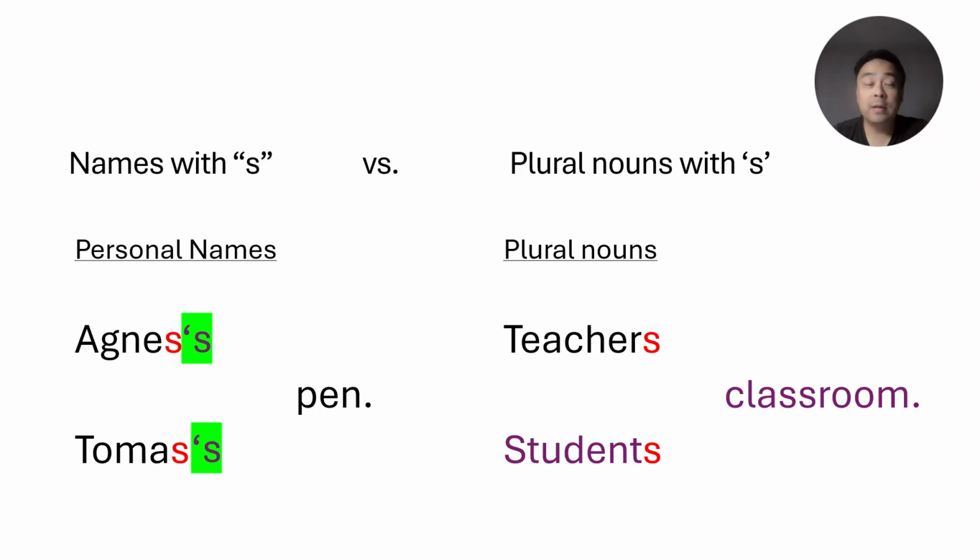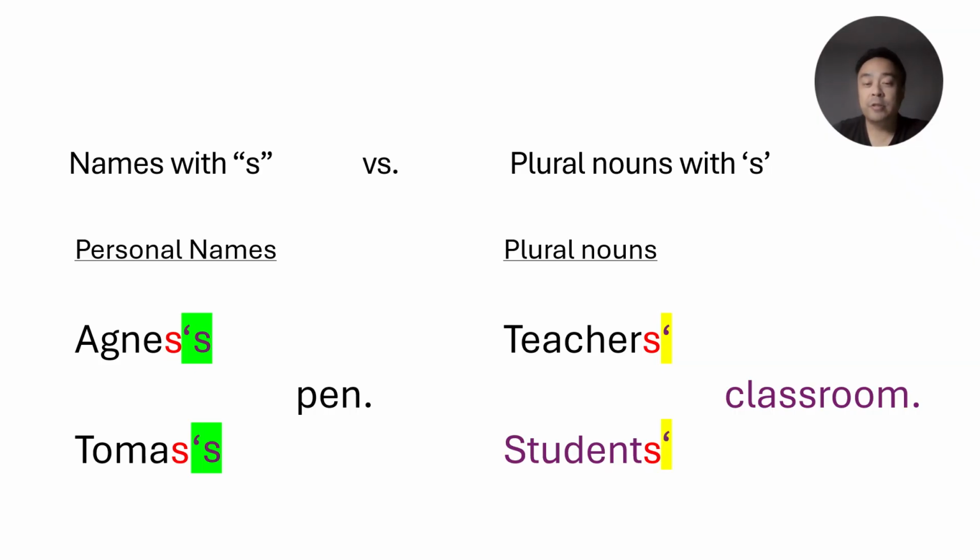However, when we look at a noun like teachers, 1, 2, 3, 4, 5 teachers, or students, 1, 2, 3, 4, 5, 6, 7, 8, 9, 10 students, these are nouns with an S that means more than one. Well, I do not put apostrophe S. I only put apostrophe, like this.